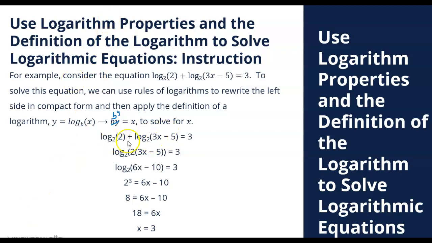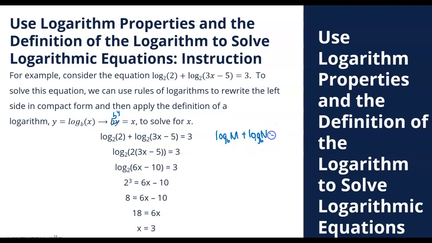To write this in compact form, it is important to notice that we have a sum here. This is an expanded form, and we know that the logarithm of a product is equal to the sum of logarithms. So this actually came from log of m plus log of n, and we can use a different base b here.